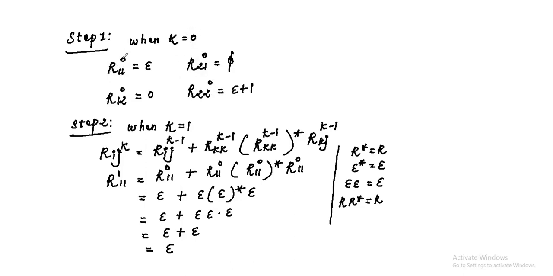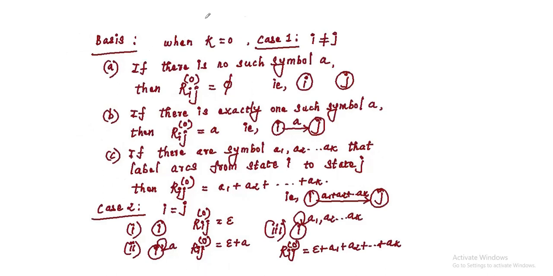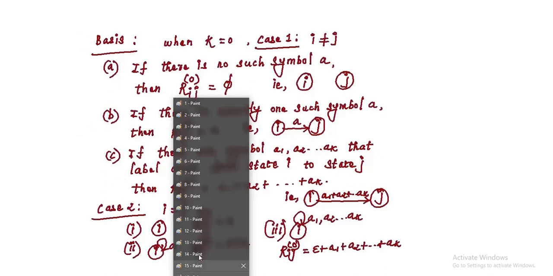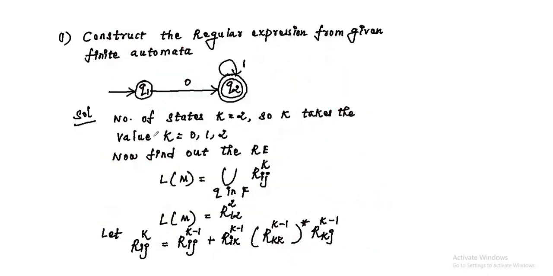So R11 raised to the power 0, R12 raised to the power 0, R21 raised to the power 0, R22 raised to the power 0. We already saw the basic rules when k value is 0. Look at the transition diagram. Here R11 raised to the power 0, which means here there is no transition.